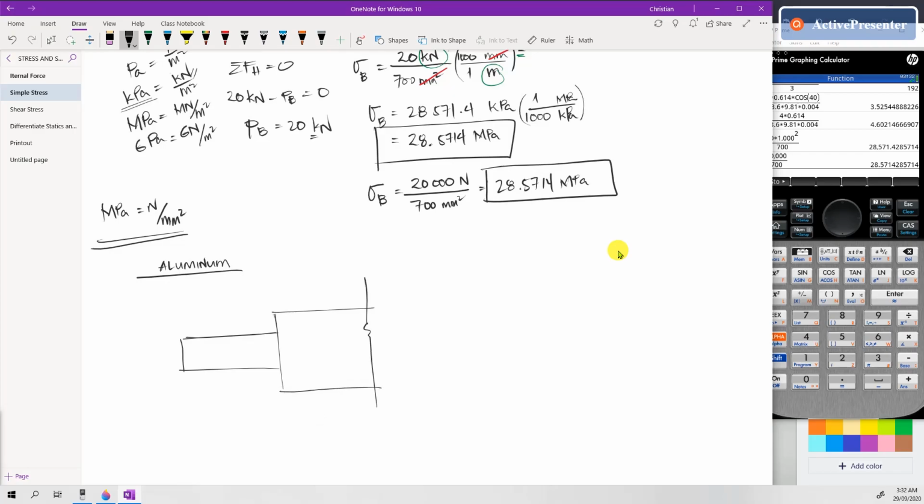Okay, so we have 20 kilonewton dito. And dito naman meron tayong 15 kilonewton.